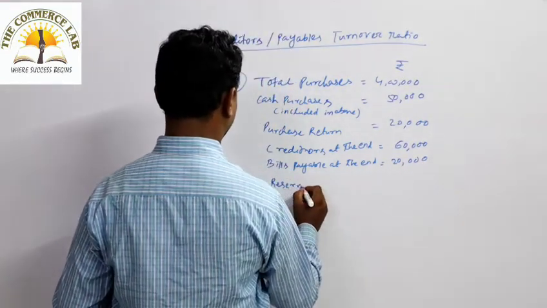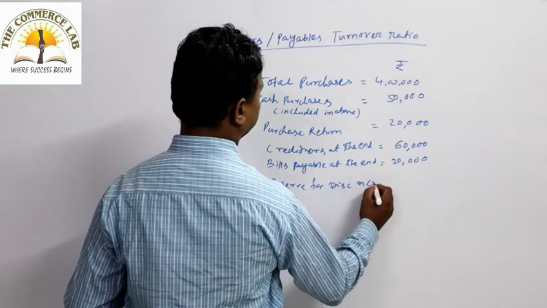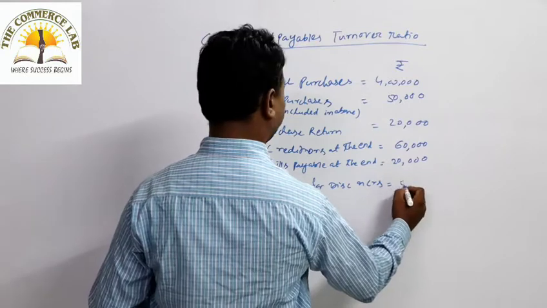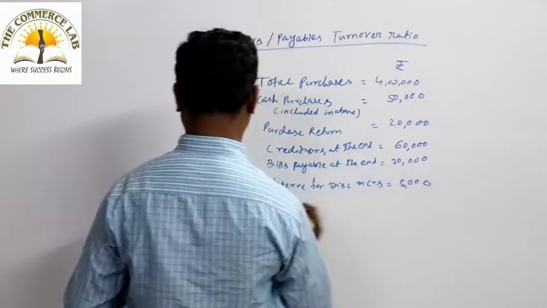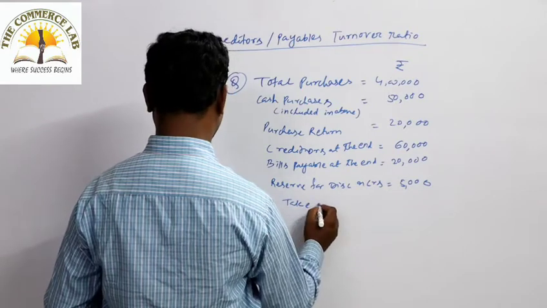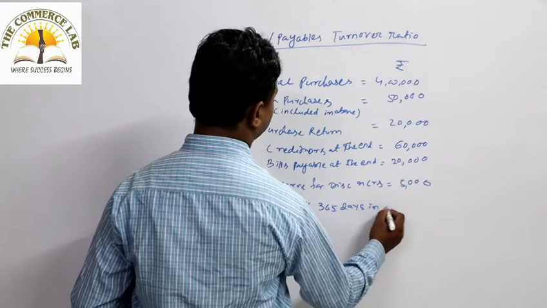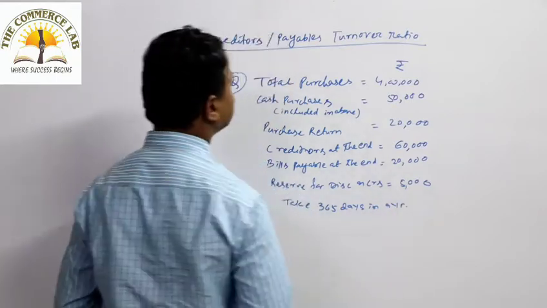Then reserve for discount on creditors, that is given in the question, 5,000. Then it is given to take 365 days in a year. We have to take 365 days in a year.